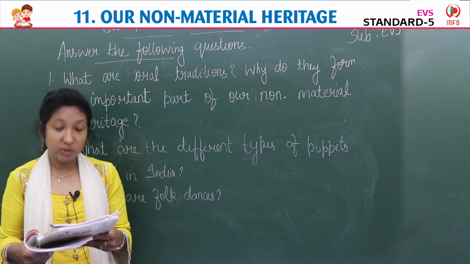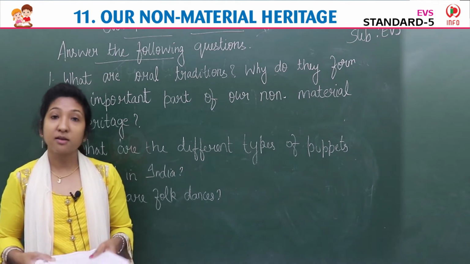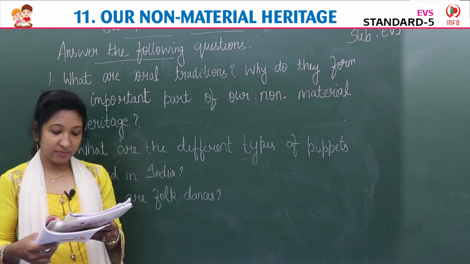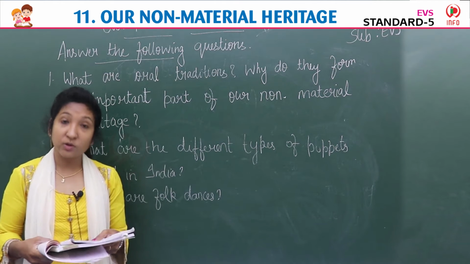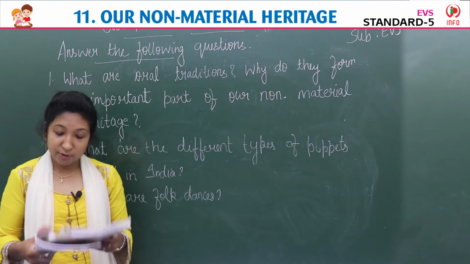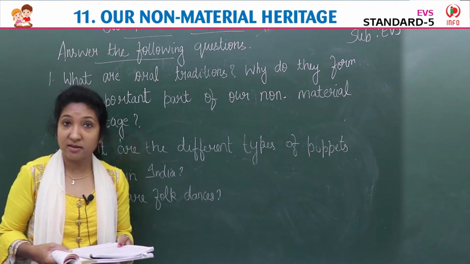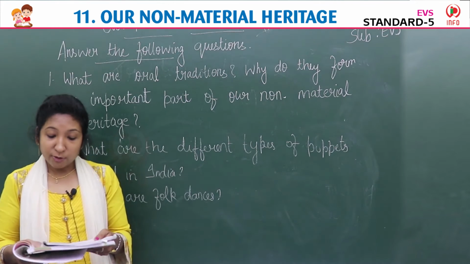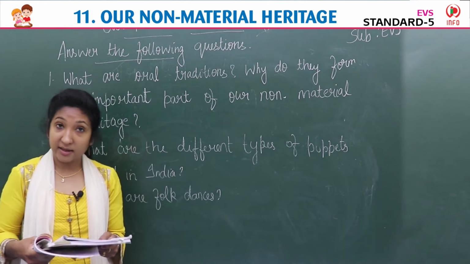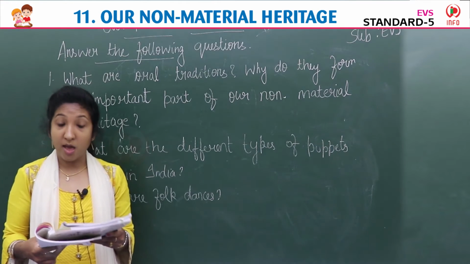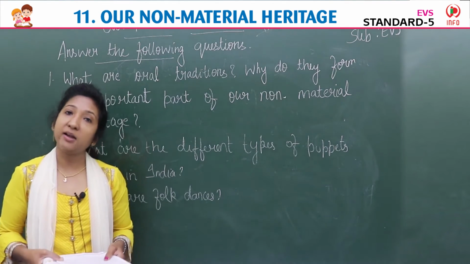These are performed on different occasions such as marriages, harvest, monsoon, etc. And some of the folk dances are Bhangra. You have to write the names of the folk dances you have learned. Some of the folk dances are Bhangra, Dandiya, Gotipua, Bihu, Chhau, Karagattam and Dappukali.